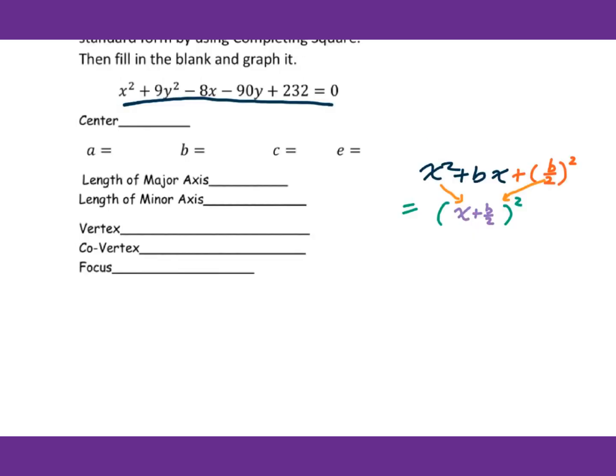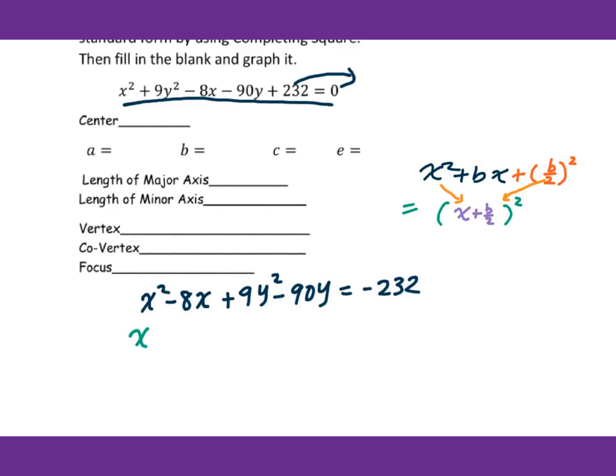We still need to organize this equation, put all x together. So you will get x squared minus 8x plus 9y squared minus 90y equals negative 232. You need to put all the constant numbers to the right side.